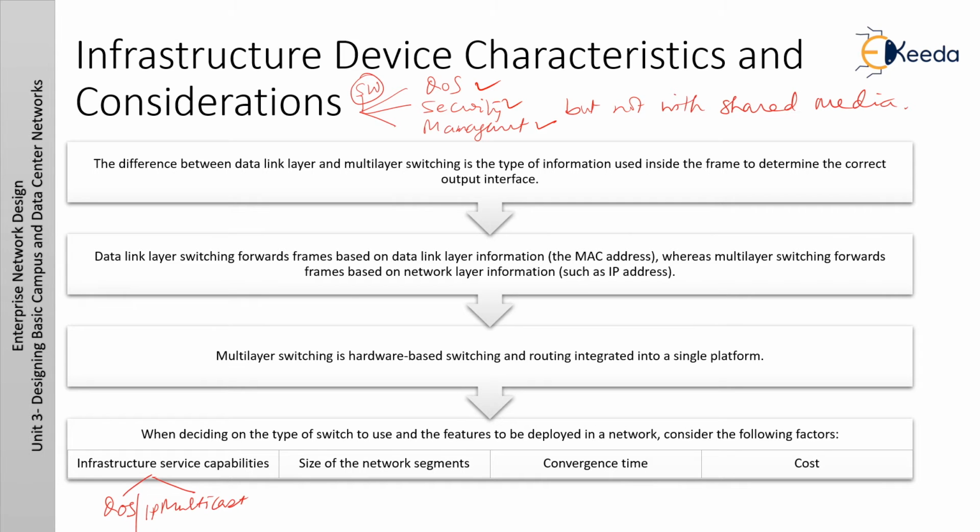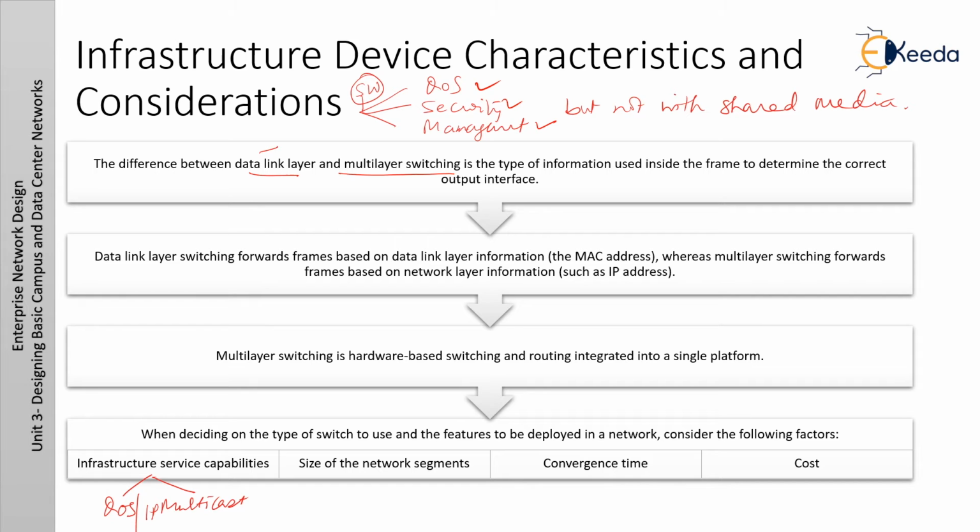Deciding whether to deploy pure data link layer switches or multi-layer switches in the enterprise network is not a trivial decision. It requires huge effort and full understanding of network topology and user deployment. The difference between data link layer and multi-layer switching is the type of information used.